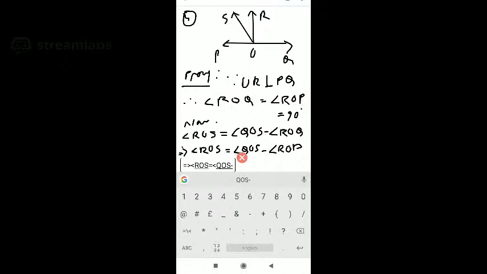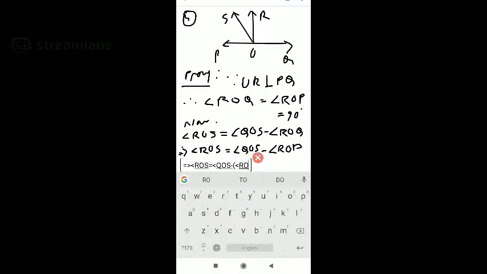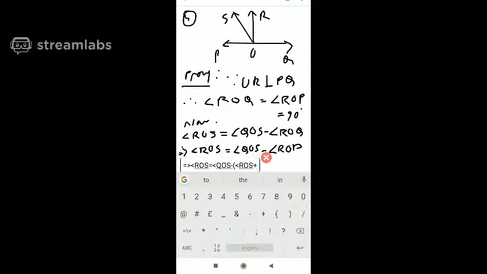Now ROP, you can see in the diagram, is ROS plus POS, so I'm going to write that inside a bracket: angle ROS plus angle POS.